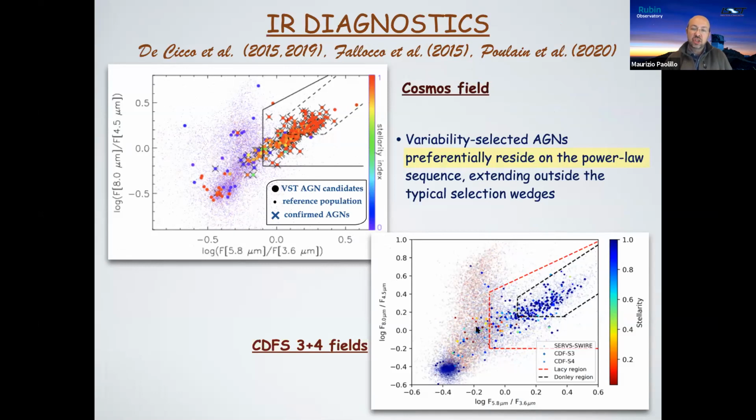And they can even push to the region where there is some contamination, so there is ambiguity whether an object is a galaxy or an AGN, because if you add variability on top of that, the chance of having those together is lower, and you can push the selection into the regime of low luminosity AGN.